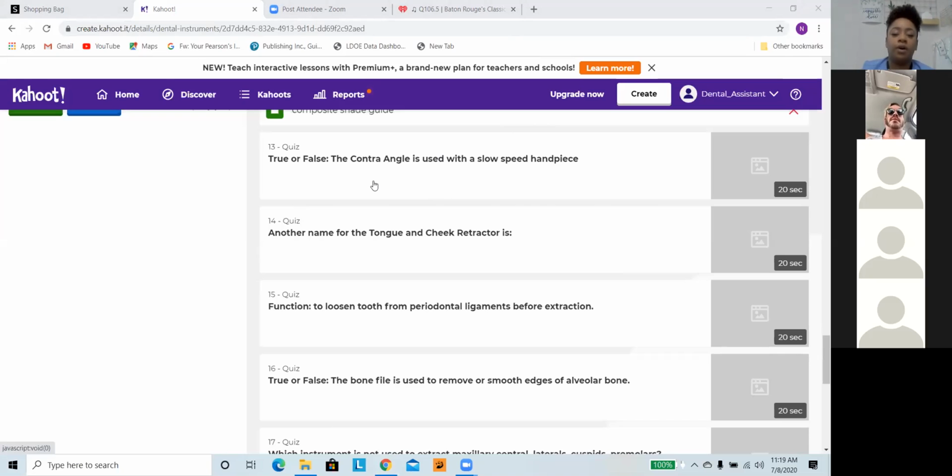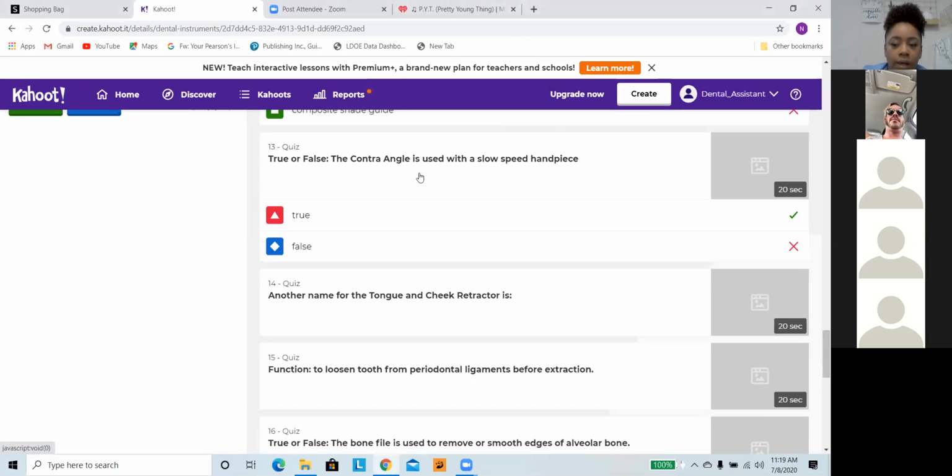So is it true or false? Do we even know what a contra angle is? I don't. No. Okay. So true. A contra angle would be something to the nature of a prophy angle.